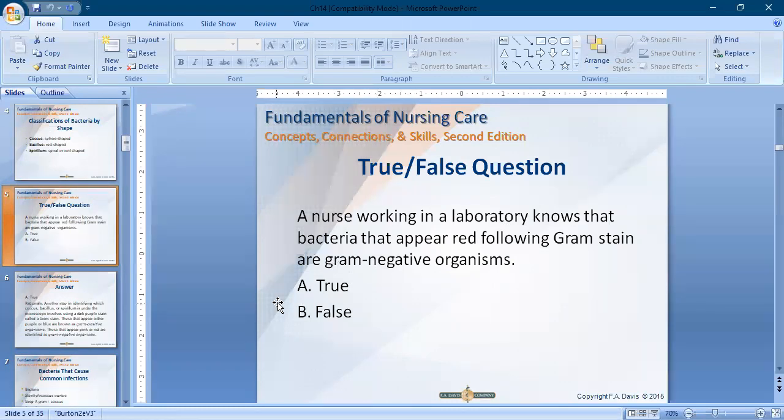True or false? If you do not know, this is okay, but read. When bacteria are stained with a dye, they are visible under the microscope in different colors and shapes. According to their staining process, we say gram-negative or gram-positive.